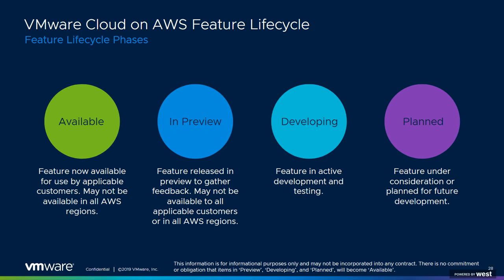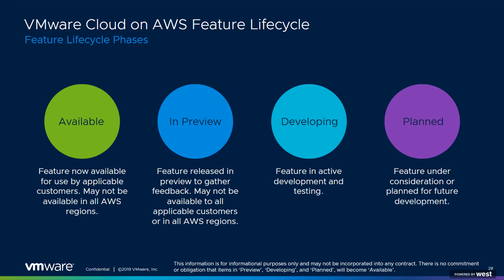All regions that support that feature and functionality will be enabled when the service and that feature is fully available. In preview means that it's still in test mode. We're providing limited access to certain customers, external and internal to VMware, to provide some validation and QA testing around what that feature means and how that feature operates within the service.